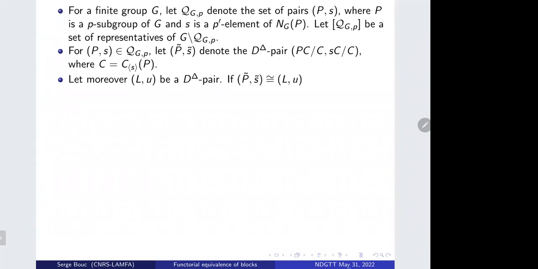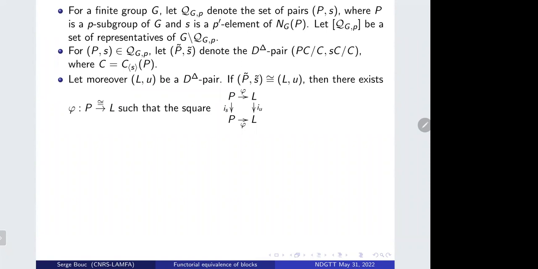One can show that this pair (P~, S~) is isomorphic to (L, u), as in the definition I gave, if there is a group isomorphism phi from P to L such that the square that you can see on your screen is commutative. It consists of P and L with phi on the horizontal lines, and the vertical lines are, on the left, the inner automorphism induced by the element s on the group P, and on the other side the automorphism u of L, which can also be viewed as an inner automorphism inside the semidirect product of L with u.